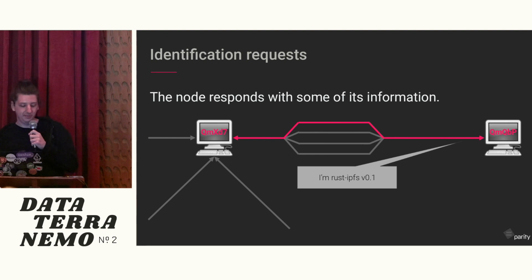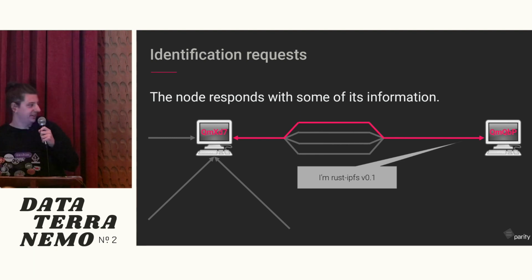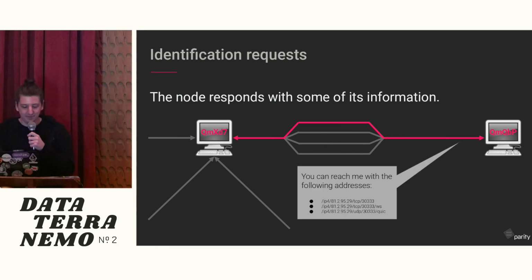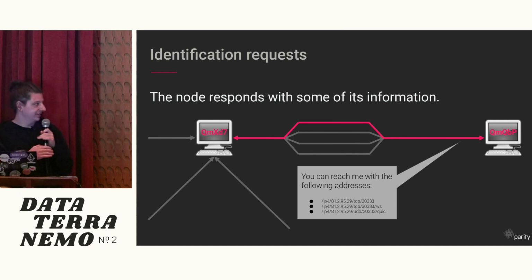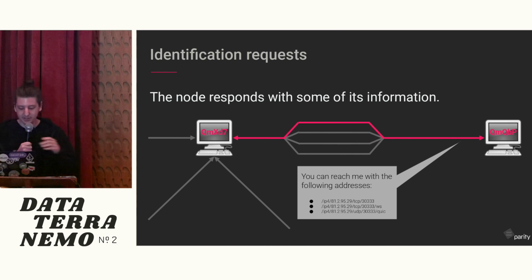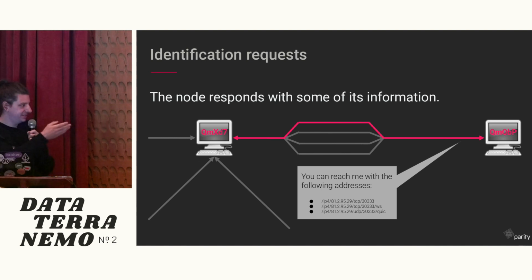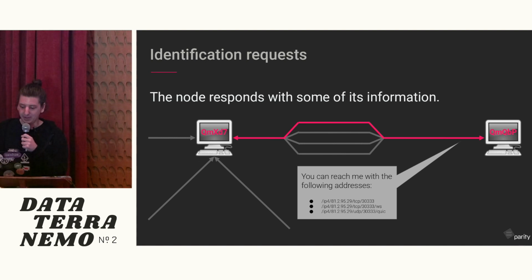Answer, I'm Rust IPFS version 0.1. Rust IPFS doesn't exist. That's just an example. The node also responds with the list of addresses it's listening on. I'm listening on the following addresses, 81.2.95.29, port 13333. I'm also listening on this, I'm also listening on that.